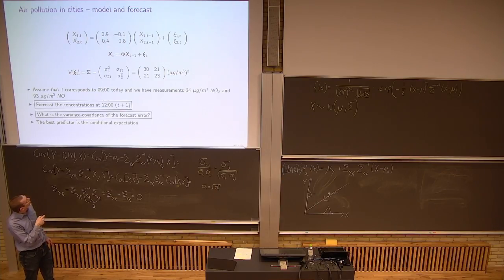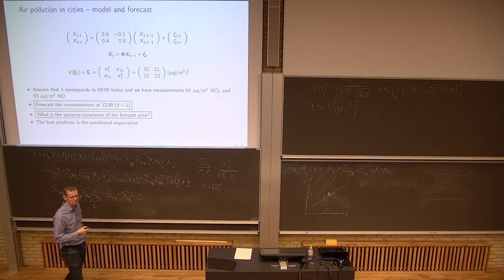So what should we do with this fellow up here? We should progress forward in time, one step. This is noon. We have the values at 9 o'clock. Those are given. So this here is a constant. That out there is a random variable with zero mean.